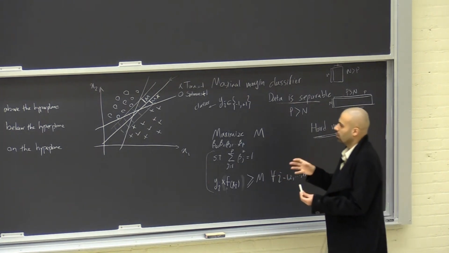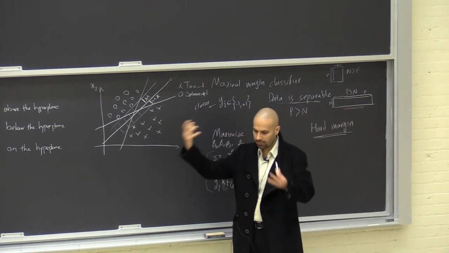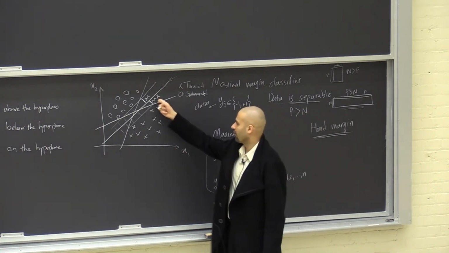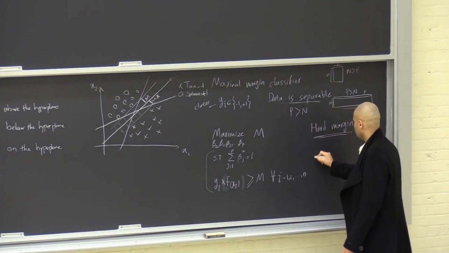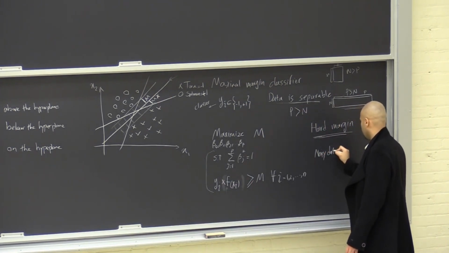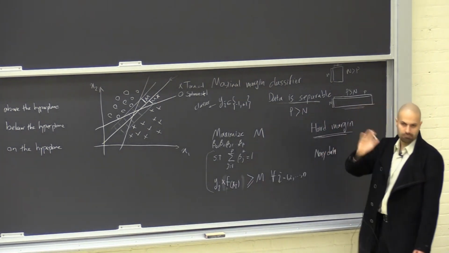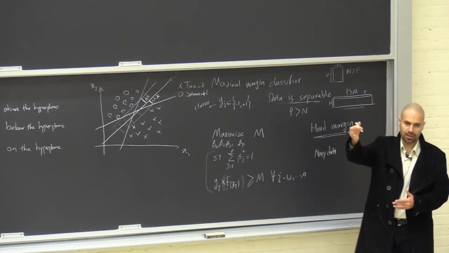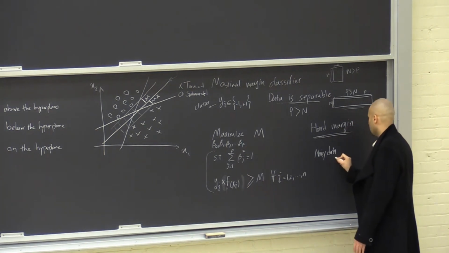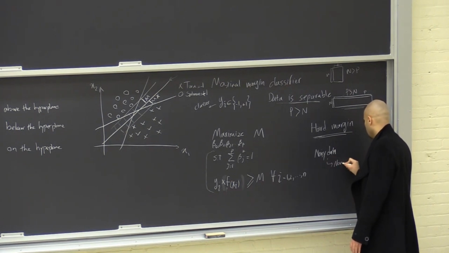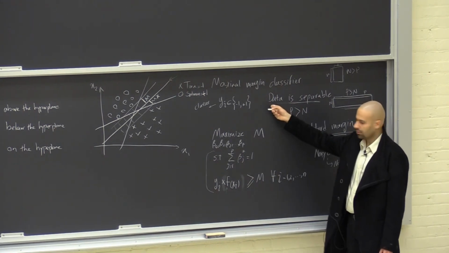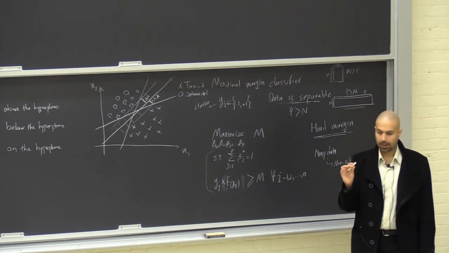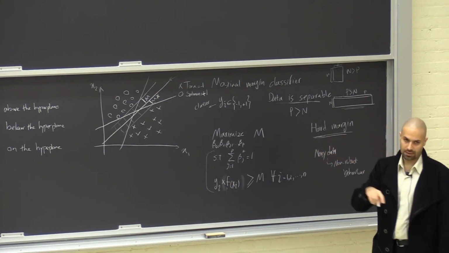We want the model to get its impact from the general patterns in the data, not be affected by one data point. So that's the second reason. If we have noisy data, or if we simulate this situation by adding one training data point to the training data set, we're going to have non-robust behavior. So because of this issue and this issue, we would consider a soft margin, which is the next topic.